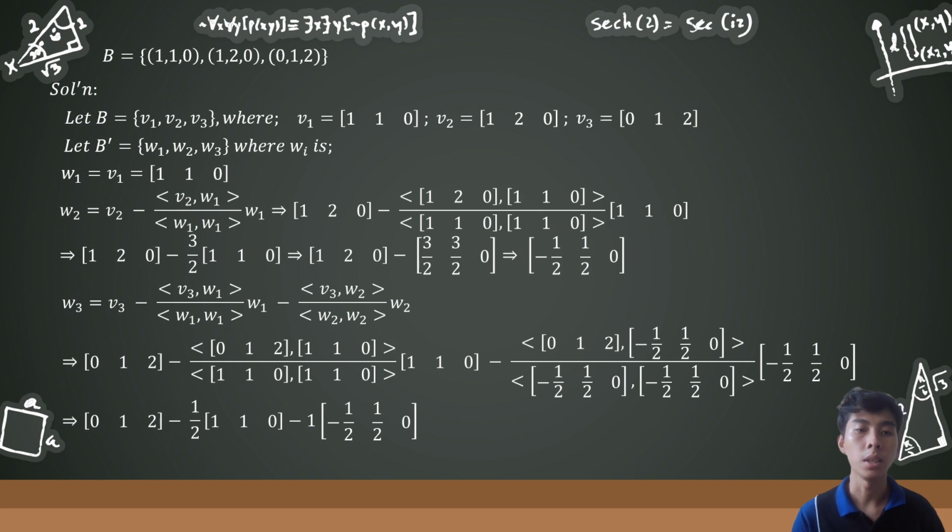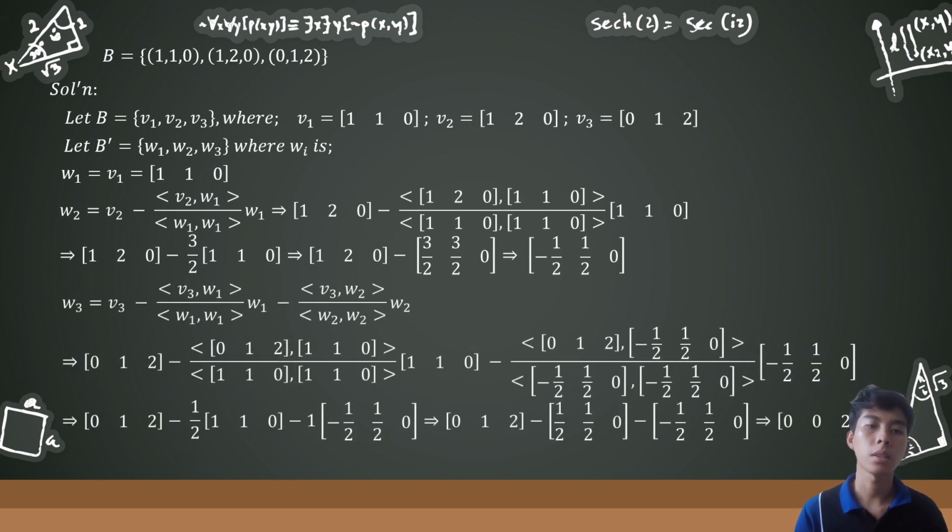That is why we have here a 1 multiplied to the vector (-1/2, 1/2, 0), which results to the vector (0, 1, 2) minus the vector (1/2, 1/2, 0) minus the vector (-1/2, 1/2, 0). Then we just simplify it to find the new vector for our w sub 3.